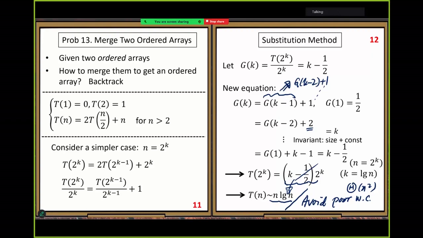From the algorithm, the merge sort, you can see our main focus, we want to avoid poor worst case efficiency. How to avoid it? We distribute our data evenly. Because we have the freedom to distribute our data, to split our data.